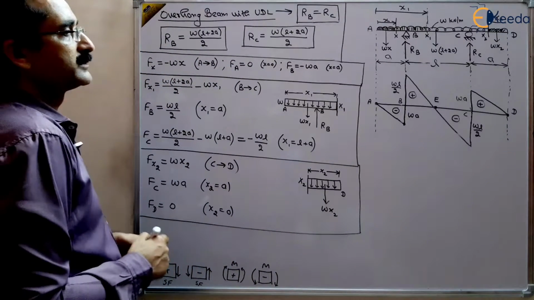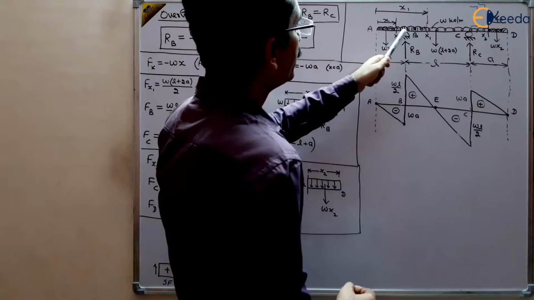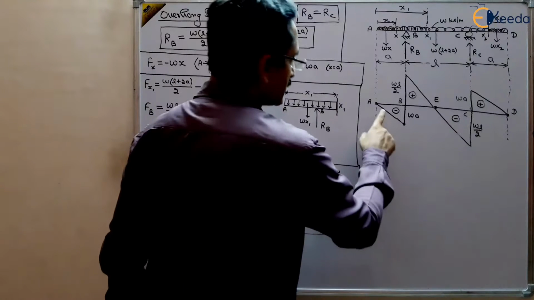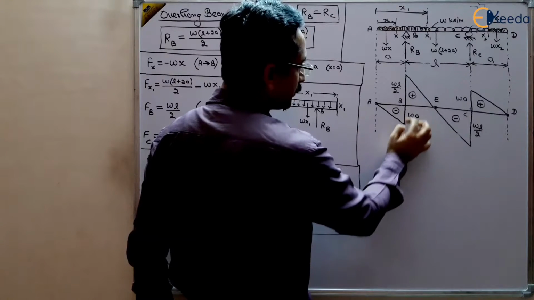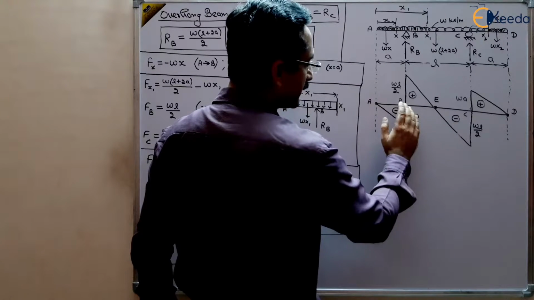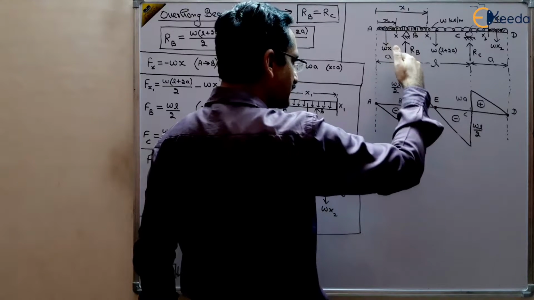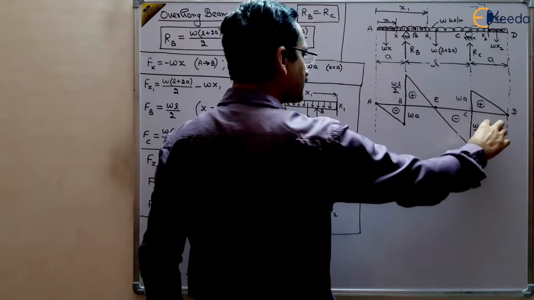So this is the shear force diagram for this overhang beam with UDL, right? First, it is 0 at point A, it is minus WA at point B, then there is abrupt change. At the left this is WA, at the right this is WL by 2. There is abrupt change, and then there is linear variation till at C point the force is WL by 2.